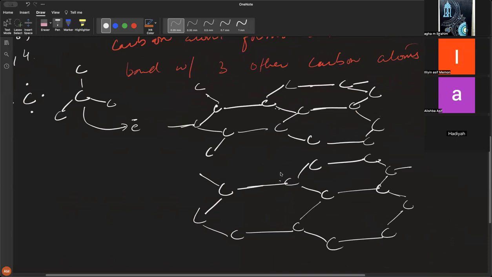What about the fourth electron that was supposed to be making a bond? They all leave the carbon, and they go in between the layers. Where do they go? They go between these carbon layers.